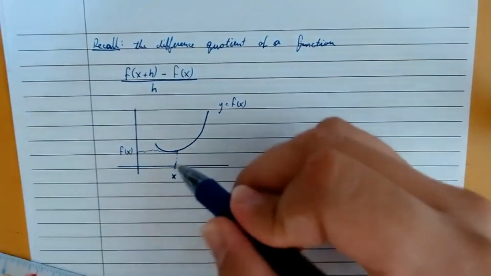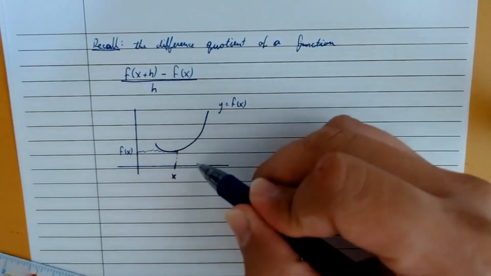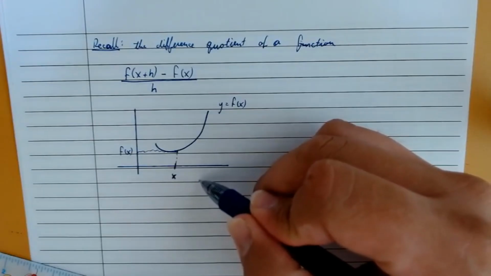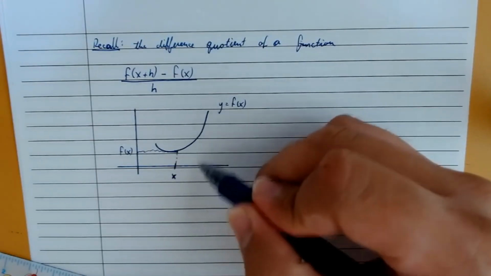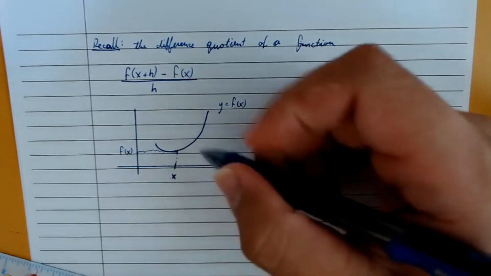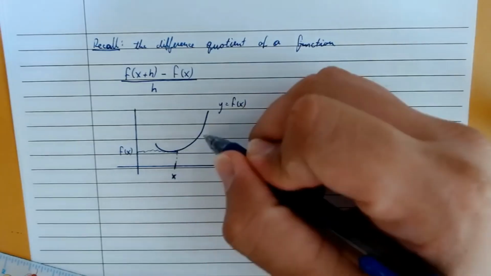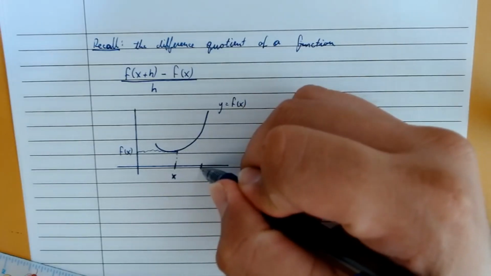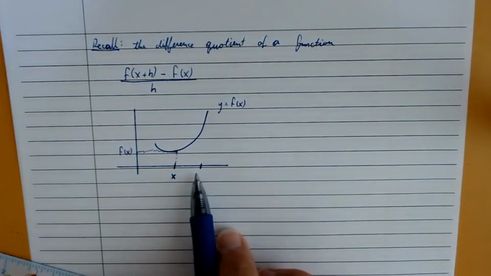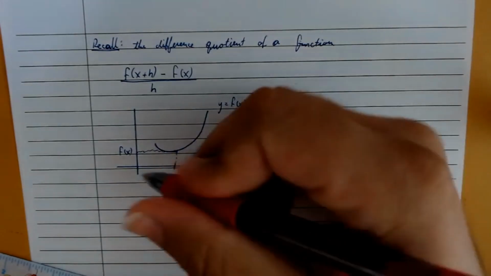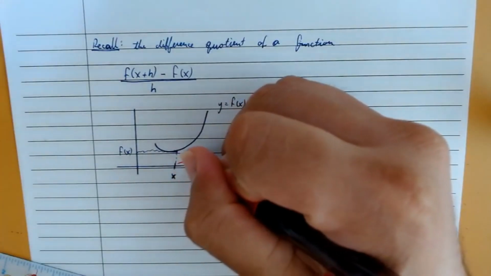Okay. Now, let's say I plugged in another number, like this one over here. You can call this one x2, you want to call it w, you want to call it something else. Well, we could, of course, but what I'm going to do is choose to call it something relative to the first value x here. So I'm going to say this number is some other number that's close to x. That's not terribly far away. So how far is it from x? Well, let's say it's a distance of h. Why h?